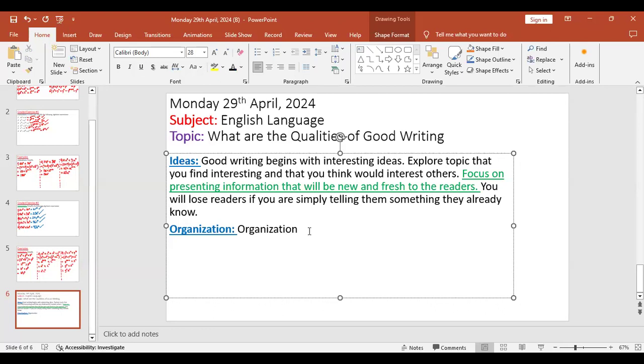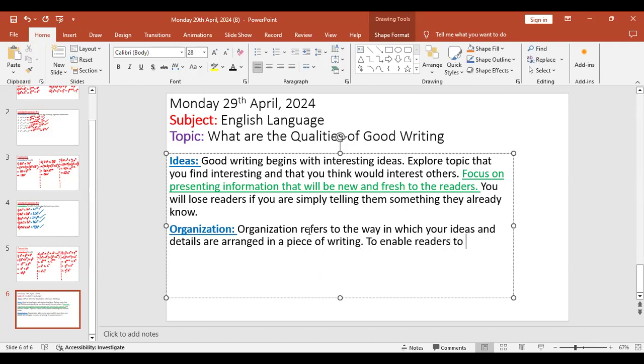So organization refers to the way in which your ideas and details are arranged in a piece of writing to enable readers to follow your ideas.